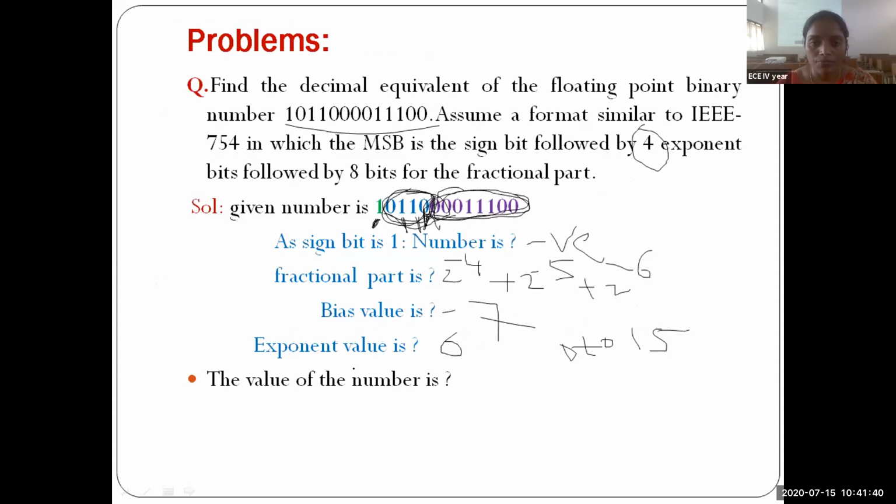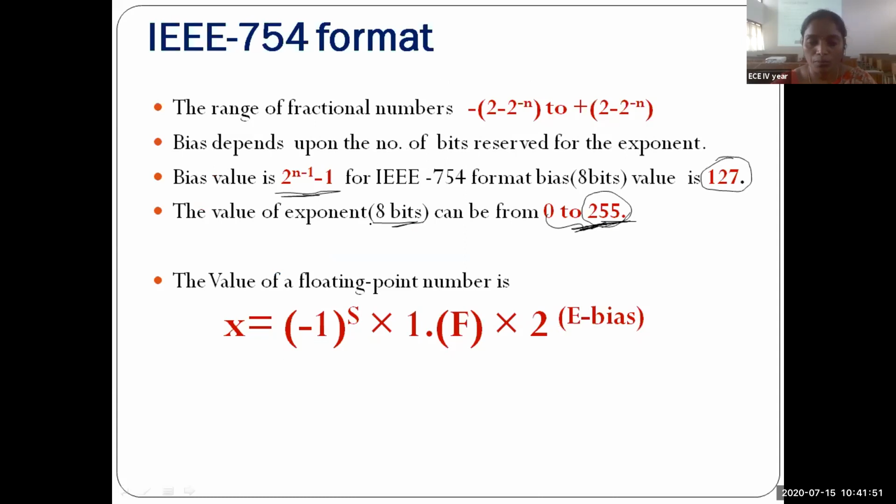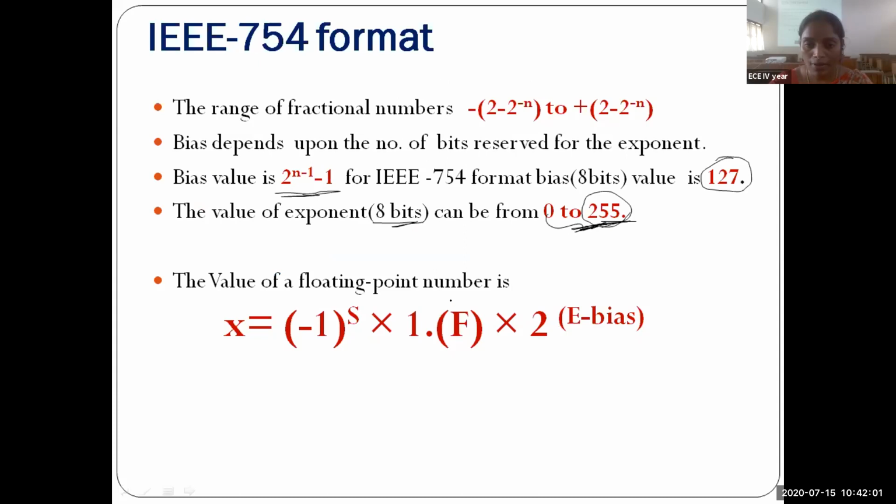See here, sign bit is 1 or 0? 1. Sign bit 1. 1 means negative number, right? Now substitute the values here. Minus 1 power 1. Minus 1 power 1 is what? Minus only, right? That means it represents a negative number. And next 1 point. What is the fractional value you got? I think you got 1.109375.